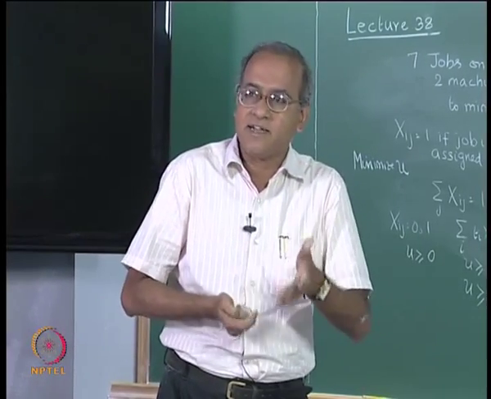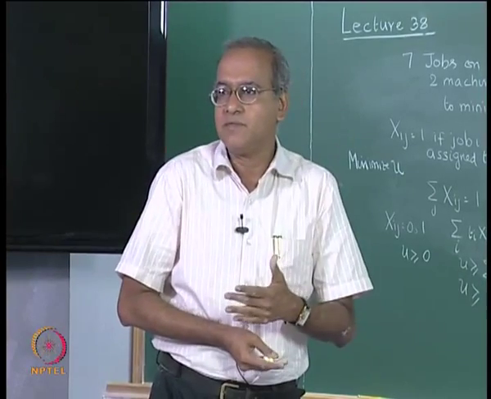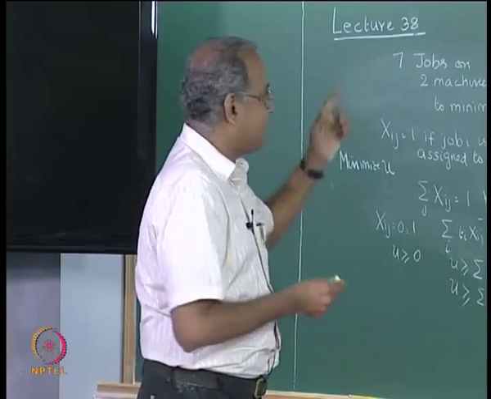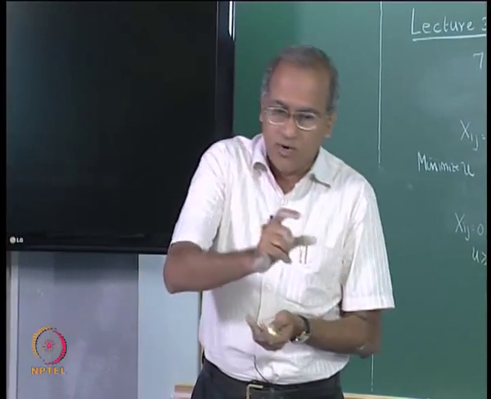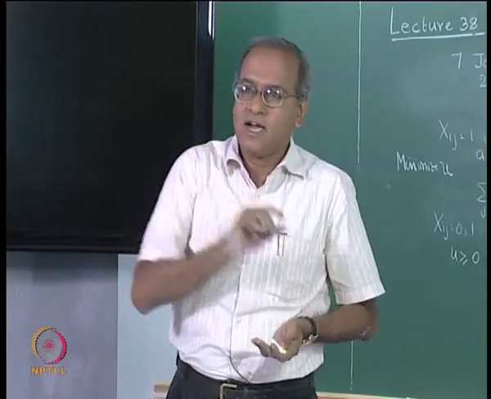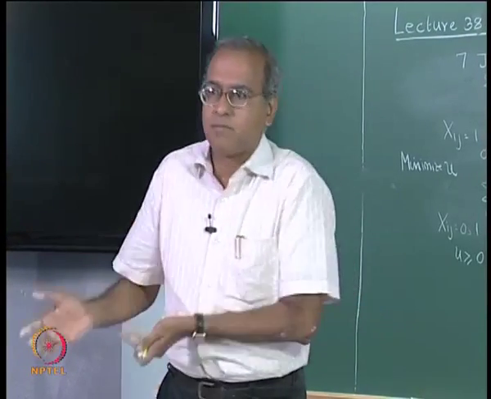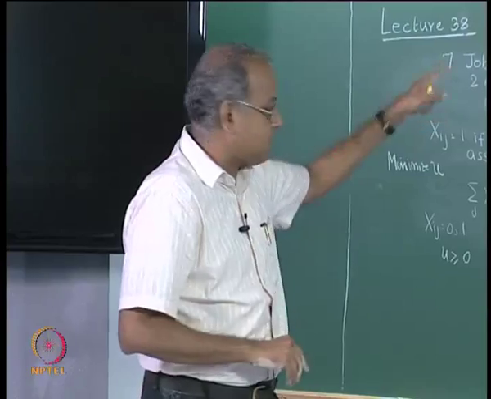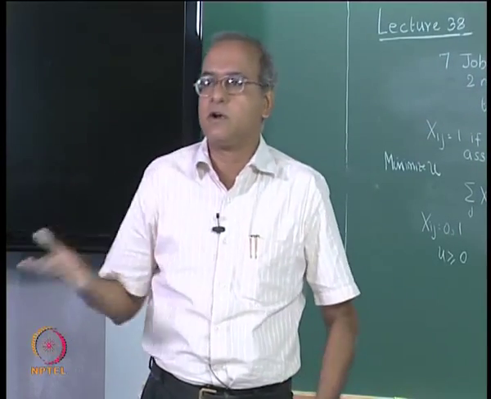So, the nonlinearity is actually further compounded by multiple savings. For example, when I do 1, 3 and 7, I might say I will save so much. If I do 1 and 3, I have this much saving. If I do 3 and 7, I have this much saving. When I do 1, 3 and 7 on the same machine, it may not be the sum of these two, but it could be something else. So, the nonlinearity is further compounded.